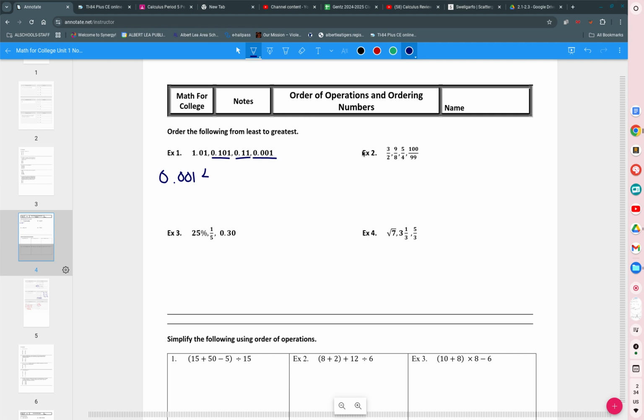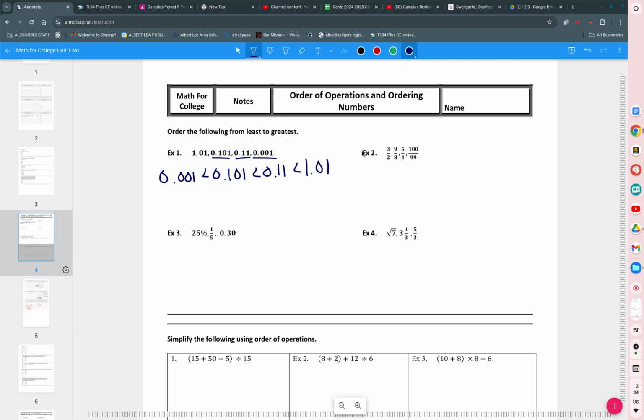So it's going to be smaller than this one that does have something in the hundredth spot. So 0.101. And then 0.11 does have a number in that hundredth spot, so it's slightly larger. And then that's less than, obviously, the 1.01. Usually people get this type of problem right on the test. A few people make a mistake with that from time to time, but ordering those decimals.